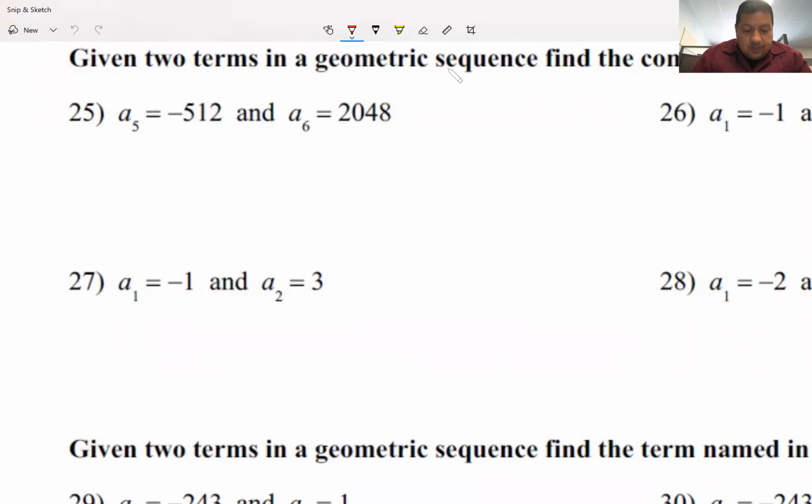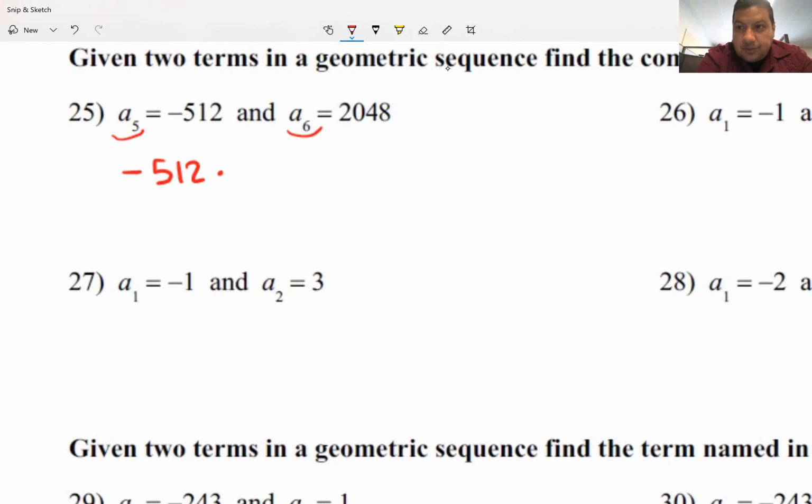The way I'm going to do this, I'm going to start by writing the smallest number, negative 512. What I mean by the smallest number is like the fifth number or the sixth number, the number that comes first. So I'm going to say negative 512.